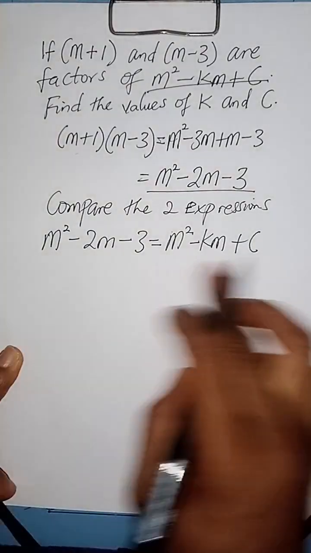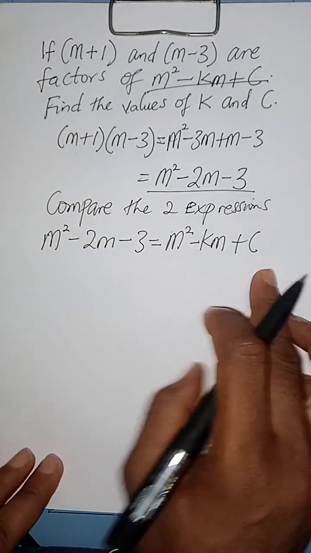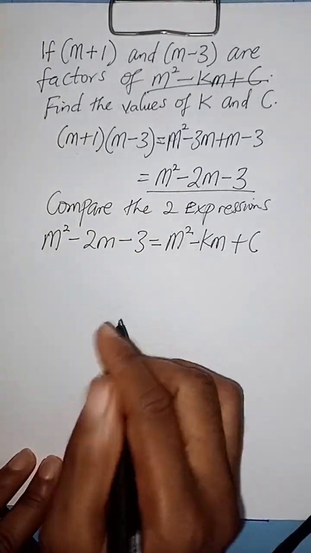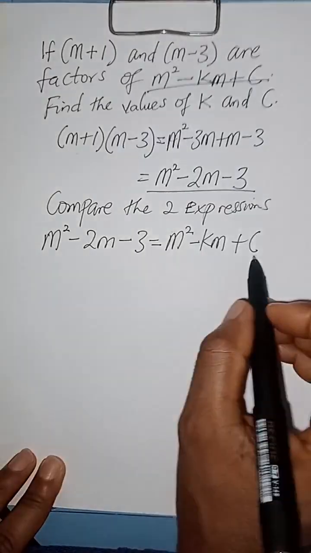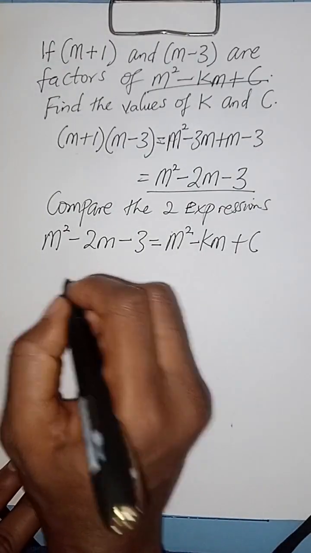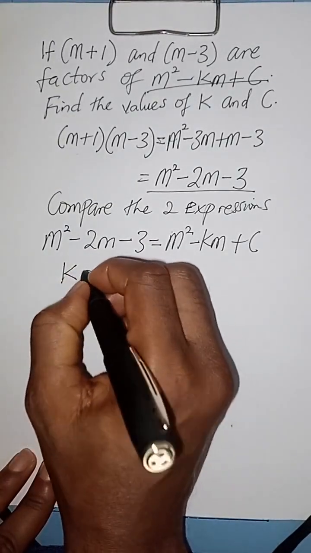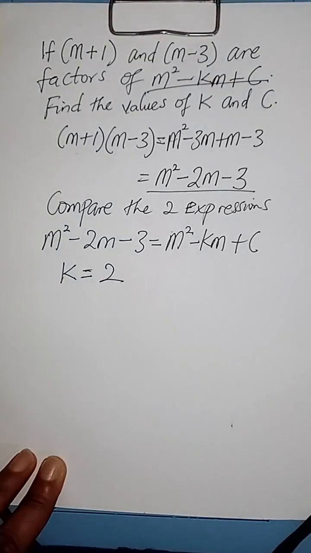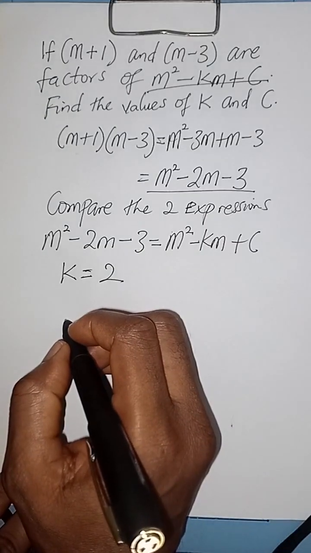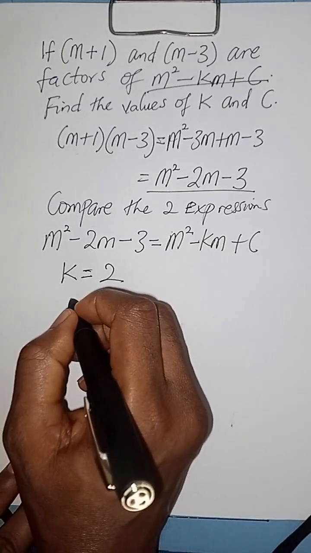So if you compare these two expressions, then if this is equal to this, it means that the value for k is equal to 2. And then the value for c.